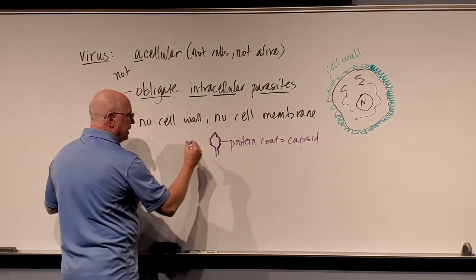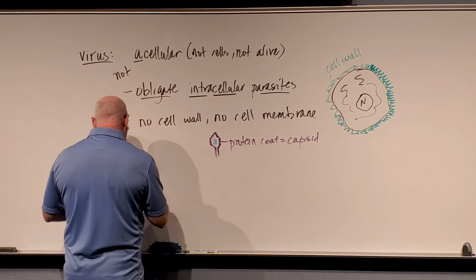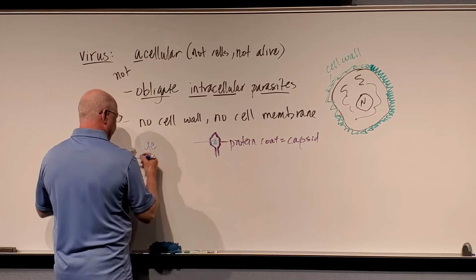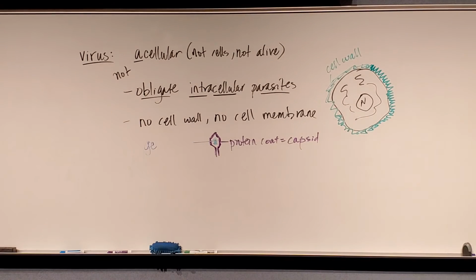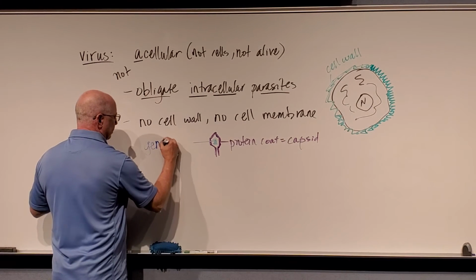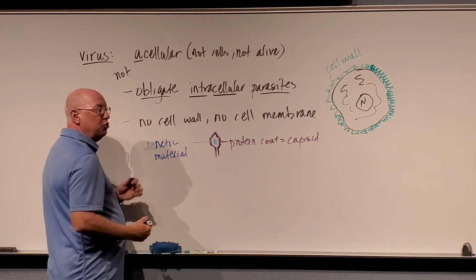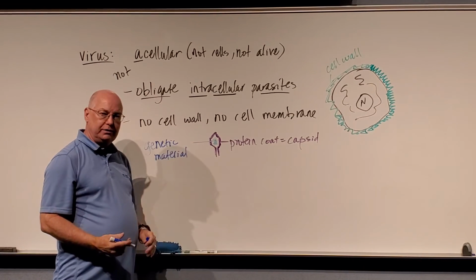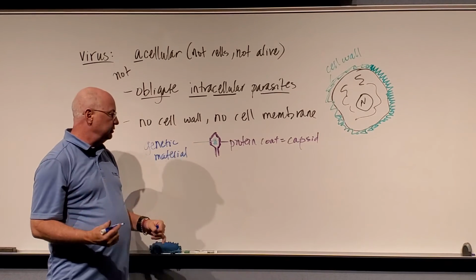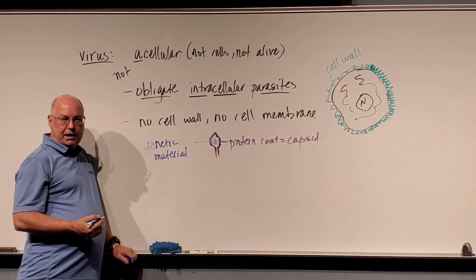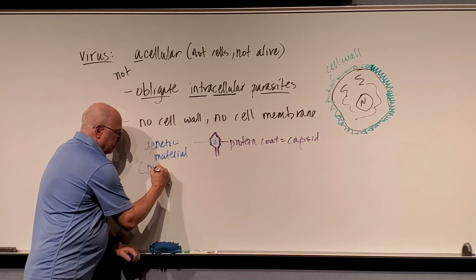And then inside of that is some kind of genetic material. That genetic material can be DNA or RNA, okay? There's no ribosomes, there's no other organelles, there's not even any cytoplasm. It's basically a protein coat with some DNA or RNA inside of it, and that's it.